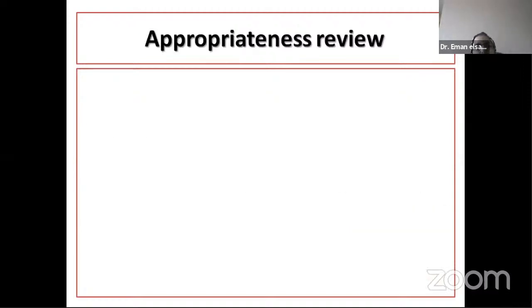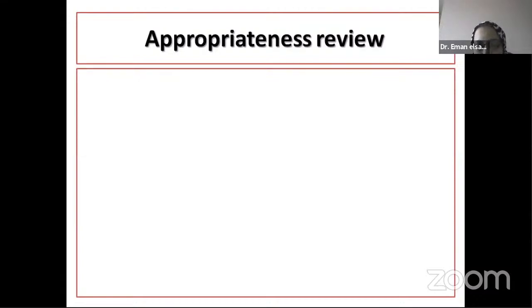So let's talk in detail about the steps of appropriateness review. First of all, when we start appropriateness review, there are some steps that should be known by all healthcare providers who will do it, or simply it could be done in a card.